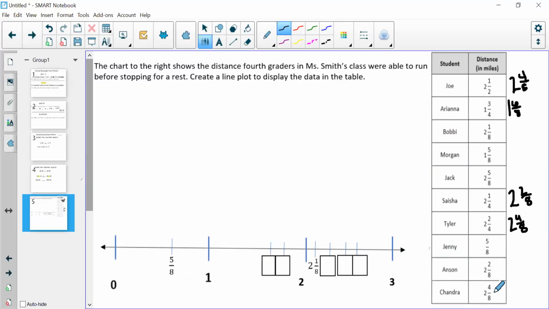So now we need to plot these points on our number line. So let's start with Joe. Joe ran 2 1/2, which is 2 4/8. So here's 2, 1/8, 2/8, 3/8, 4/8. So we're going to write in here 2 4/8.